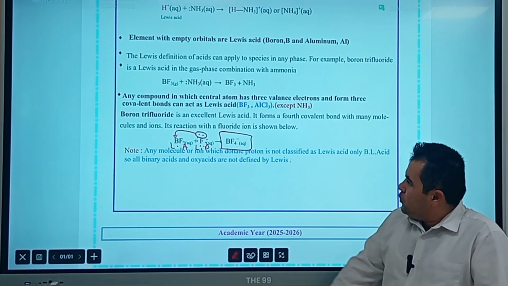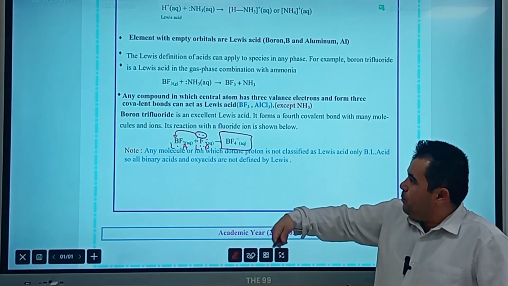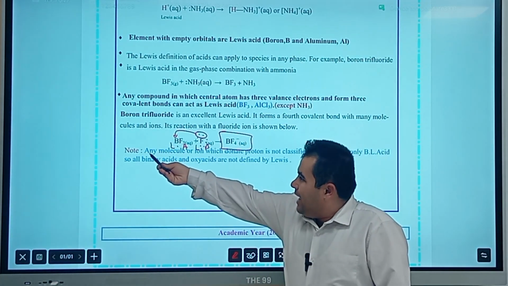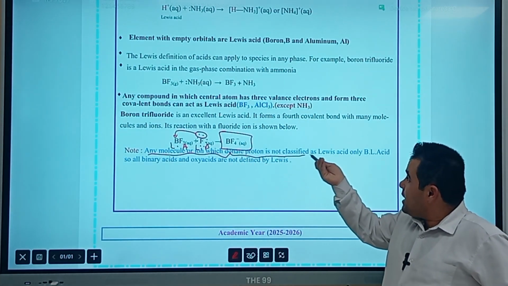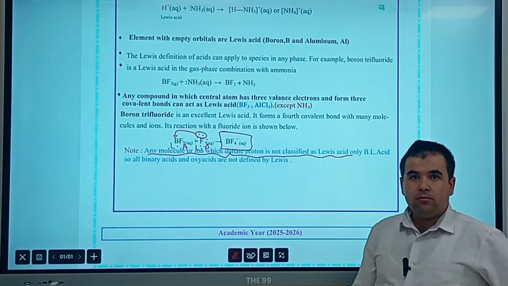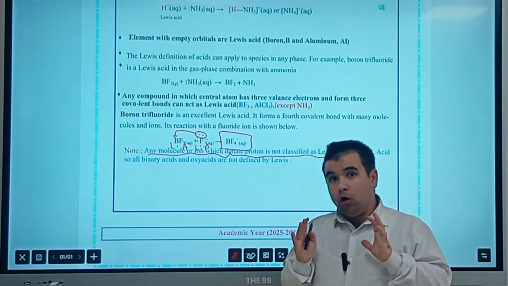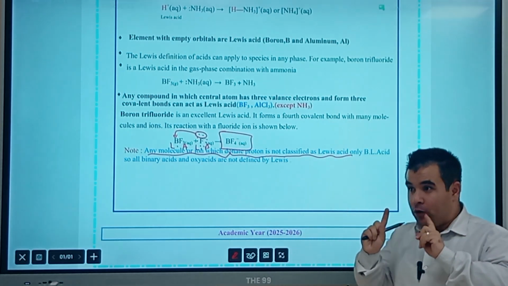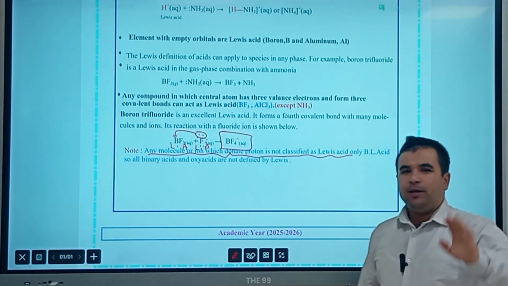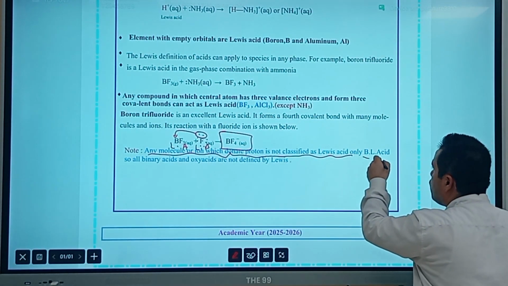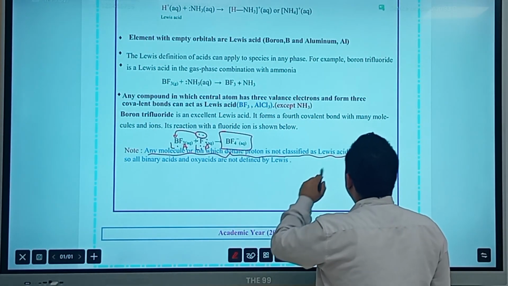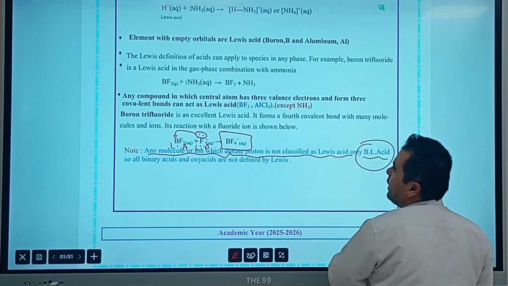We have a note, guys, here for the donation of protons. Any molecule or ion that donates a proton cannot be classified as a Lewis acid. It can only be a Bronsted-Lowry acid.